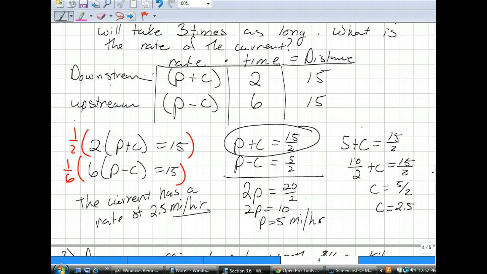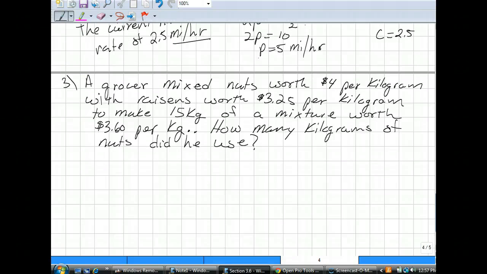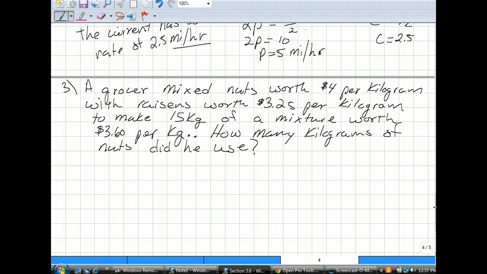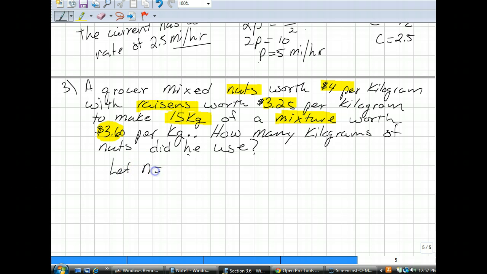Okay? All right, and a third type of problem is the grocer problem, or the mixture problem. A grocer mixed nuts worth $4 per kilogram and raisins worth $3.25 per kilogram to make a 15 kilogram mixture worth $3.60. Okay, so we're going to say let N equal kilograms of nuts and R equals kilograms of raisins.